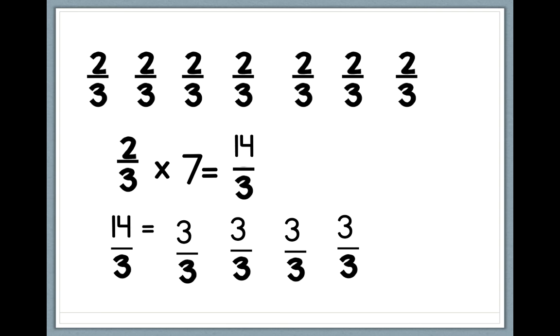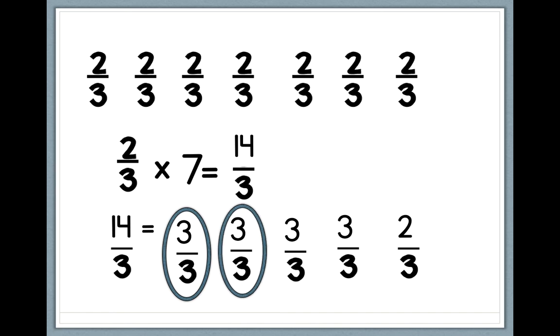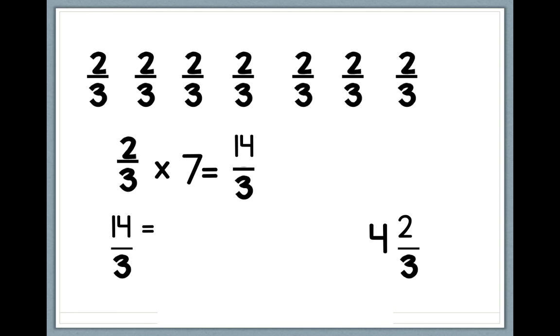That means I'm left with 2/3. Well, these 3/3 are all wholes. There's 1 whole, 2 wholes, 3 wholes, 4 wholes. So really 14/3 is 4 and 2/3.